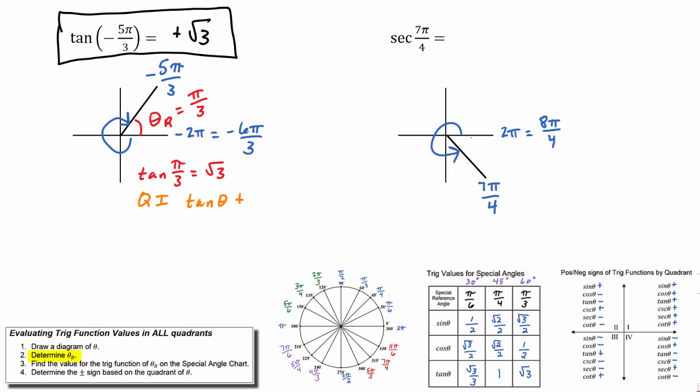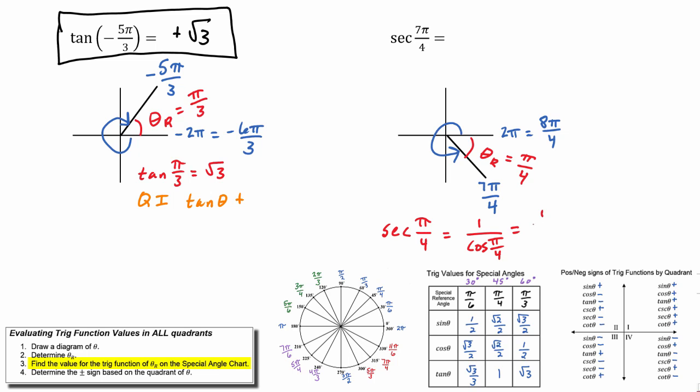So then that means our reference angle is going from 7 pi over 4 to 8 pi over 4, subtracting, of course, and we get 1 pi over 4. Our trig function is secant. So we're doing the secant of pi over 4, which means we have to do 1 over the cosine of pi over 4.